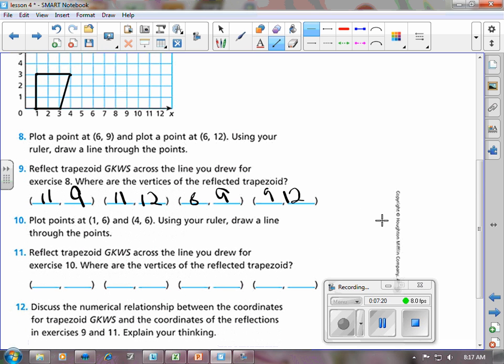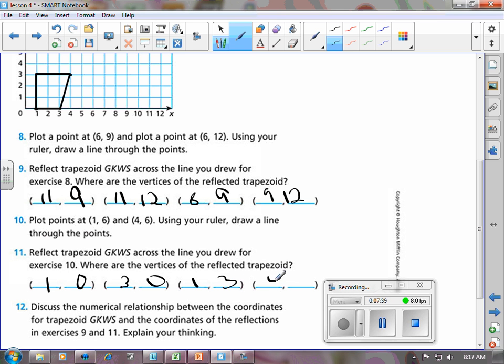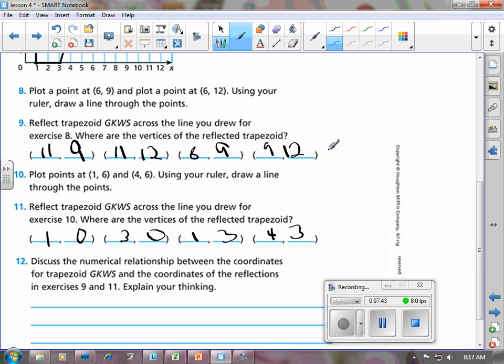So we're going to now write what those coordinates are. Remember x first, then y. So we go 1, 0, 3, 0, 1, 3, and 4, 3.